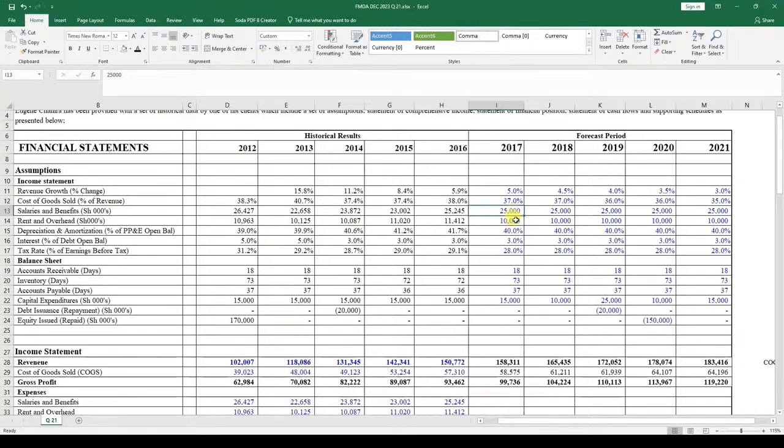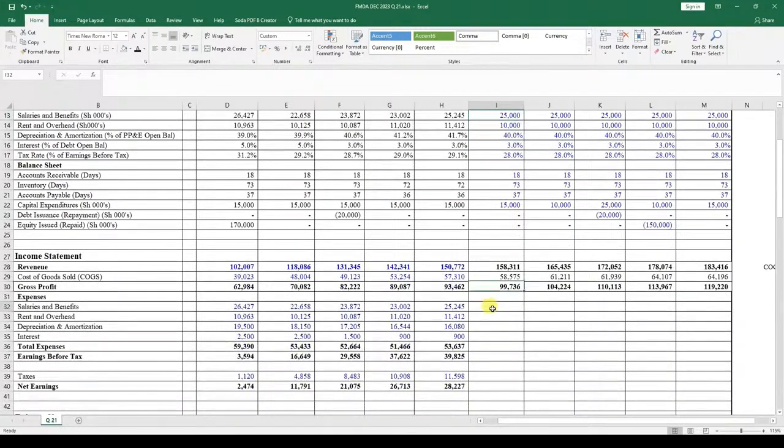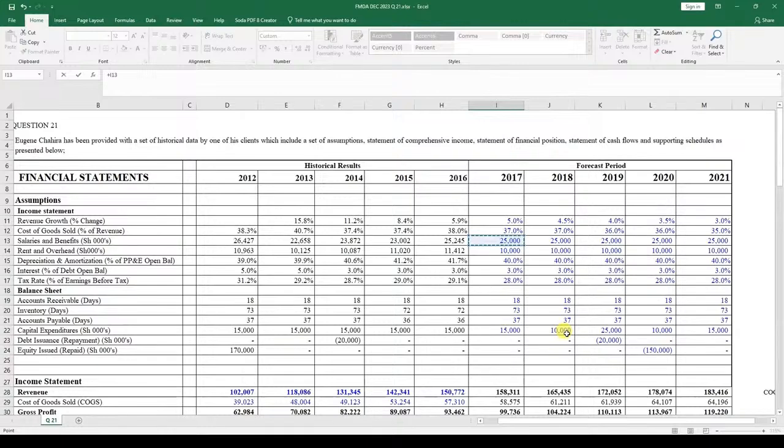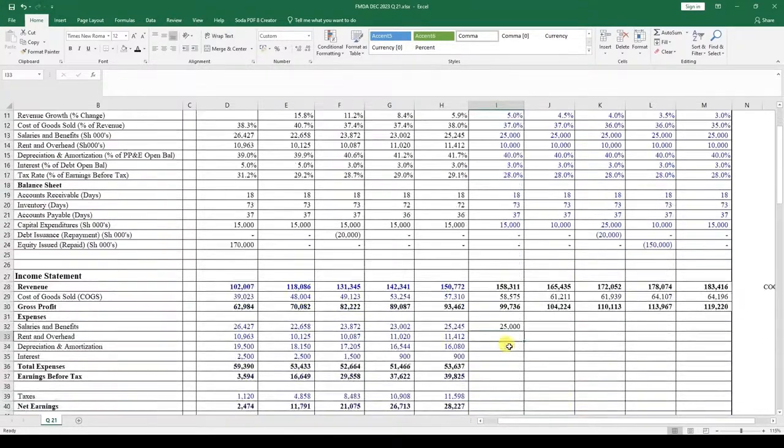Because they are following each other like that, and these are considered to be fixed costs, we just pick them from above. Just pick it up from there, and also because they are following each other, just drag it like that and fill it out.